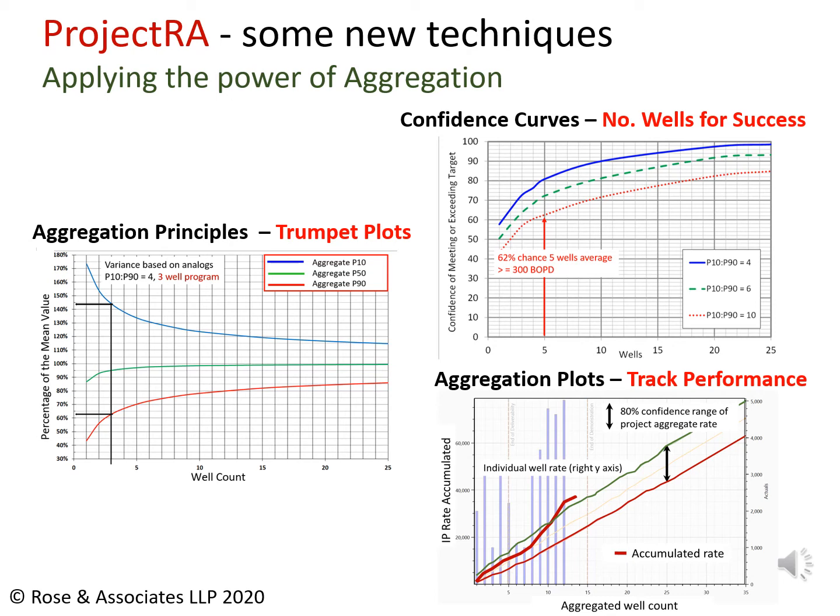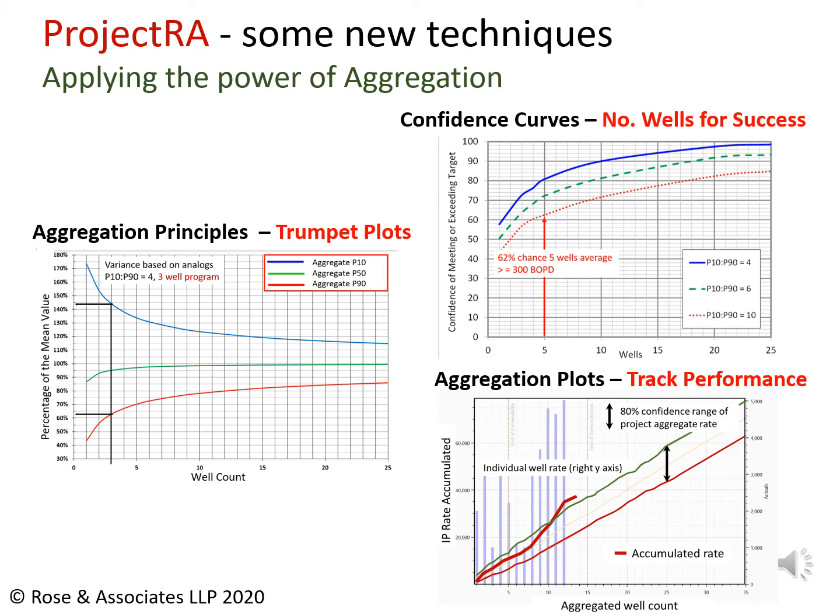And in the lower right is a third application of aggregation. This is called sequential aggregation. We use this to actually determine, as our project is being executed, how well our assumptions around our type curve inputs play out. So the band that you see between the red and the green line, that's a band of statistical control.